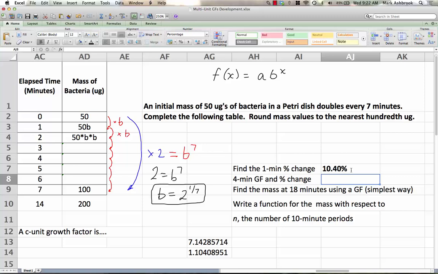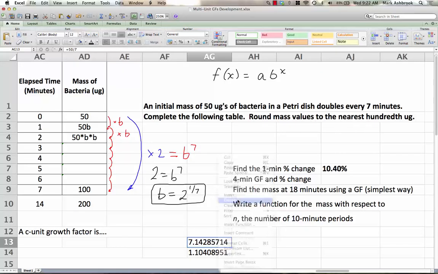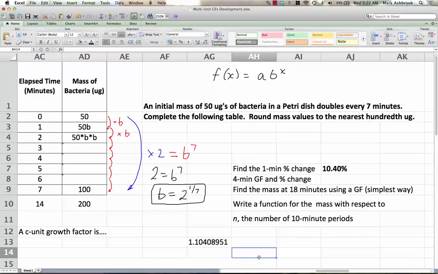We know the 1 minute growth factor is 2 to the 1/7, and I found its value, 1.104. Let's get rid of this 7.14, we know it doesn't matter to us. So based on that, 2 to the 1/7, 1.104, is the 10.4% 1 minute percent change.